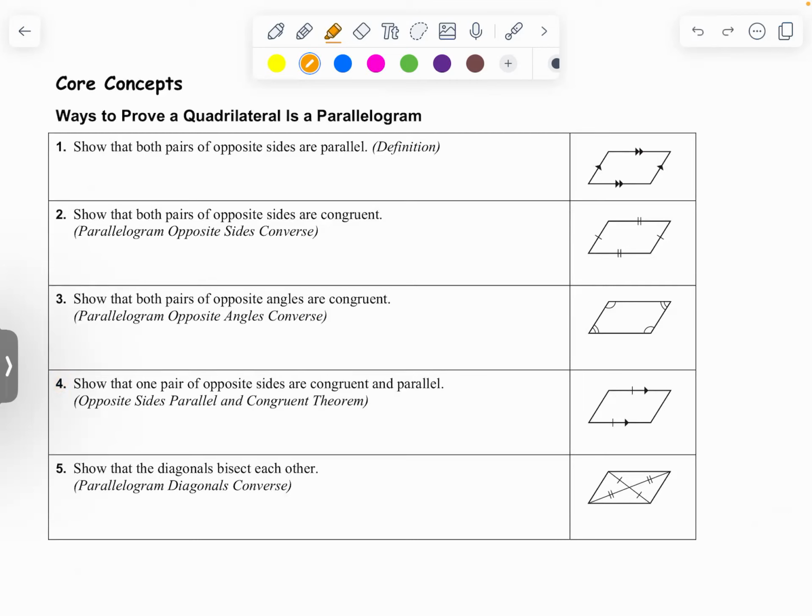So we have five ways to take a quadrilateral and say, oh, hey, it is a parallelogram.